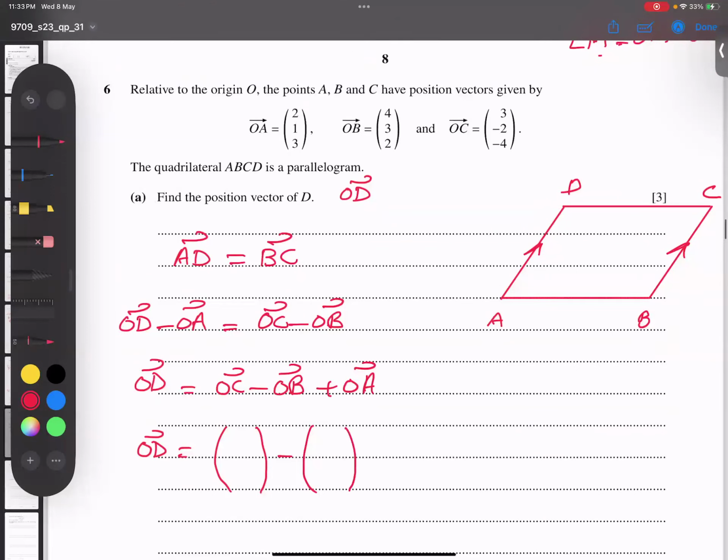And the answer here. OC from here, 3, -2, 4. OB 4, 3, 2. And OA 2, 1, 3. And 2 plus 4, 6, sorry. This positive and this positive 5. And out of 5, 4 gone. I got a 1. Same way, -5 and plus, I get a -4. And I got 4 minus 2, 2.